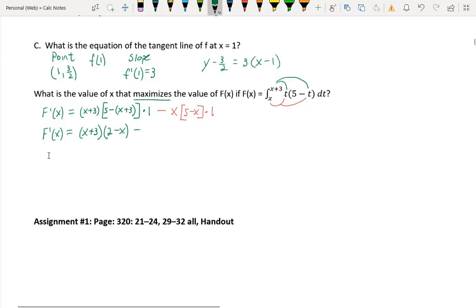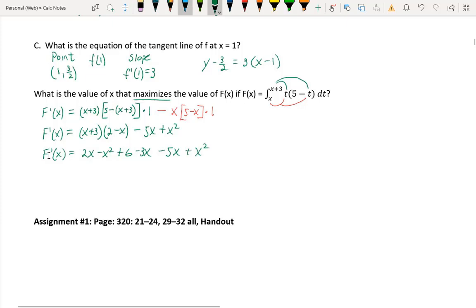And then we're going to subtract, and distribute the x in there, so that's going to be negative 5x, and then plus x squared. And I still need to clean up the front end here, so we're going to FOIL these together. That's going to give us 2x minus x squared plus 6 minus 3x. Kind of a weird way to FOIL, all out of order there. Minus 5x plus x squared.